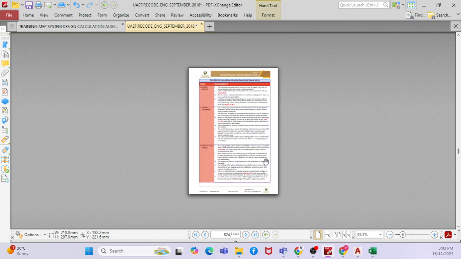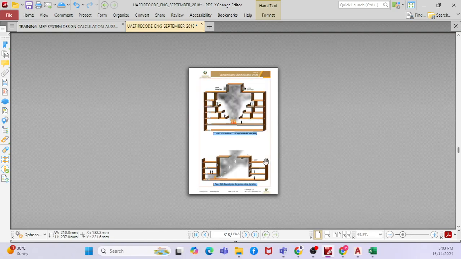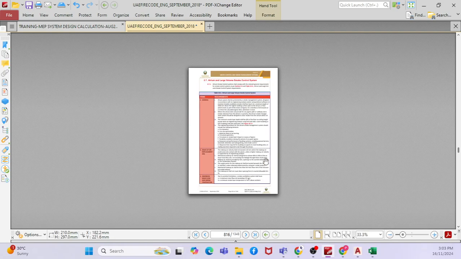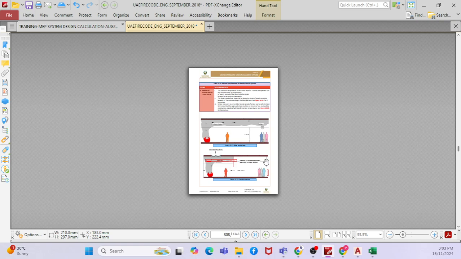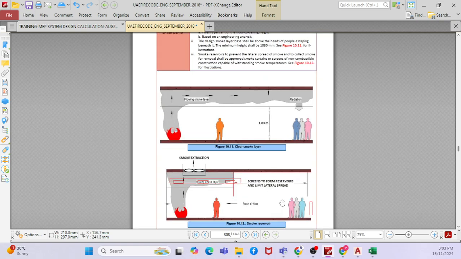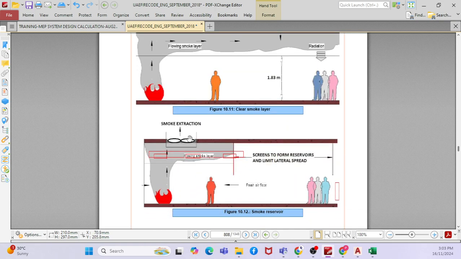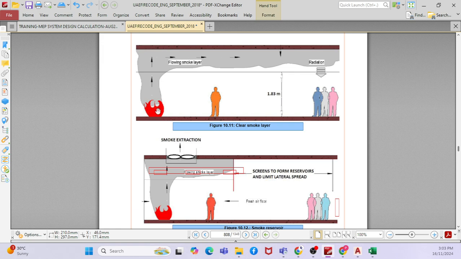If I go further backwards, can you see the picture here? You can see that there is a fire in one area, and the smoke is spreading towards the top, underneath of the slab.